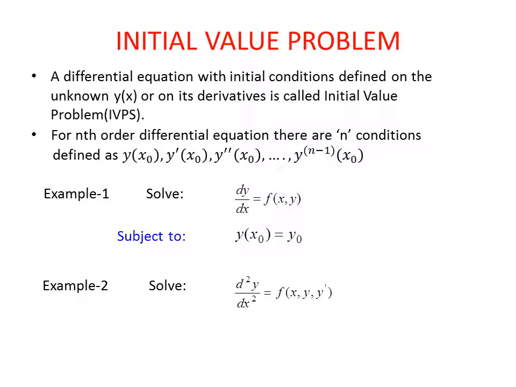Example 2. Solve d square y over dx square equal to a function of x, y, and y prime. It means that this differential equation also involves the first order derivative of y with respect to x.